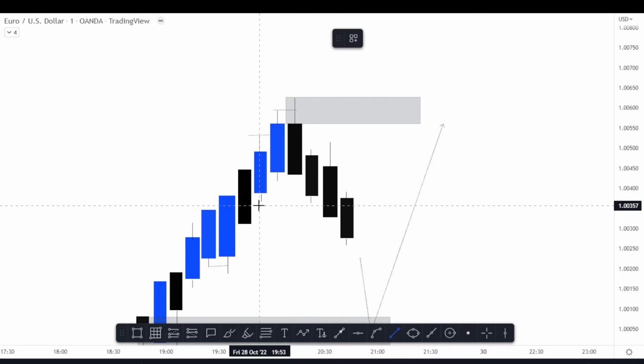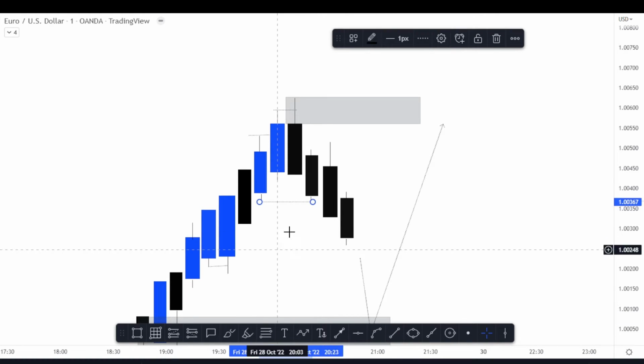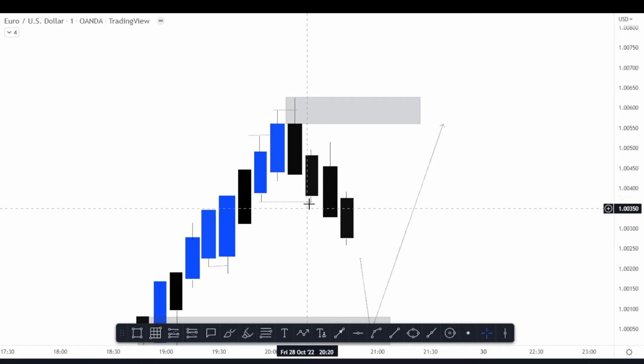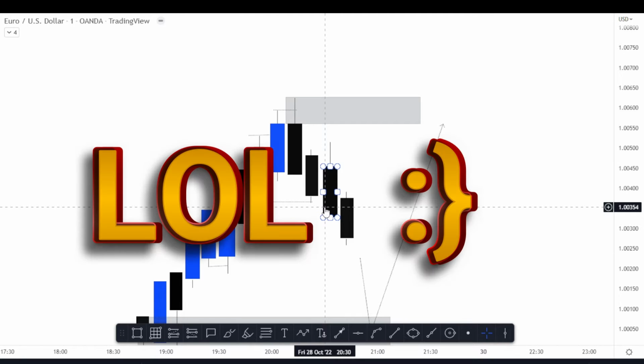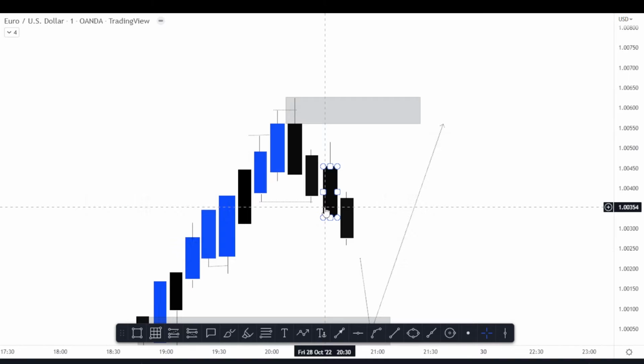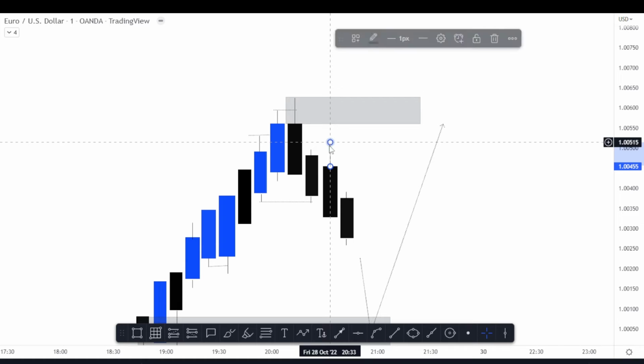Now let's assume that we had a change of character here to the downside, right? And this candle did not take out any liquidity, and the next candle came on. The next candle came up and did what?